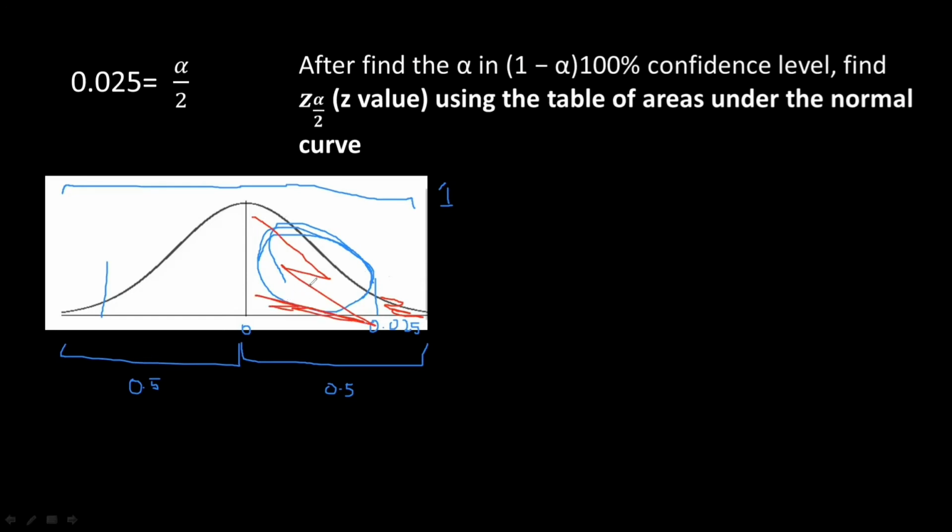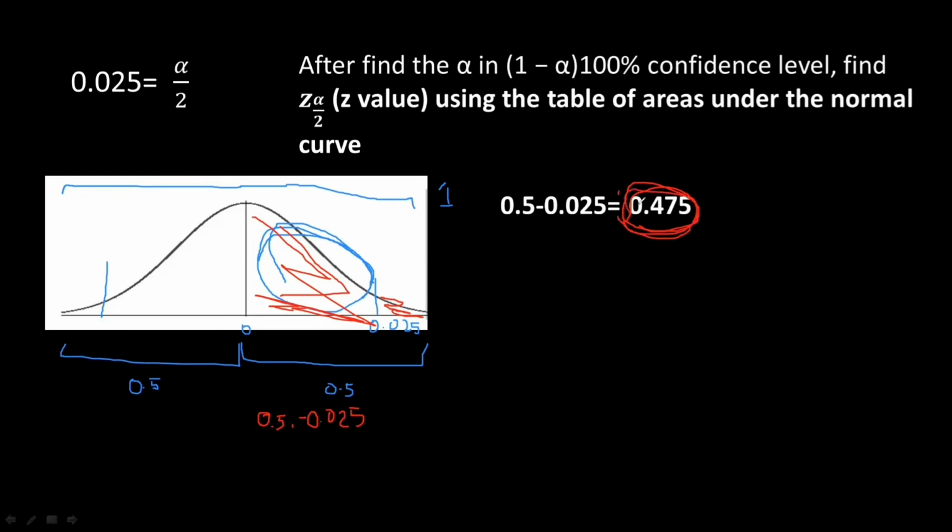So, to find the area dito is, we are going to subtract the 0.5 minus 0.025. So, when we subtract it, it is equal to 0.475. So, area na po yan.